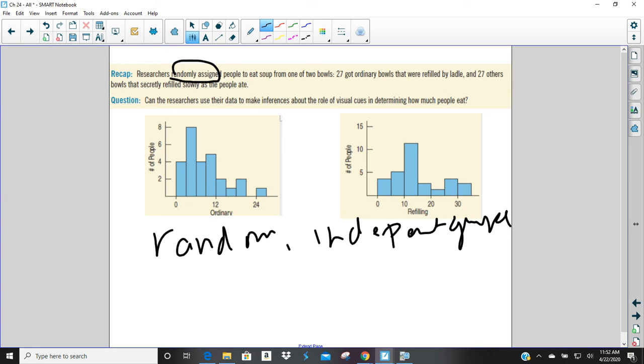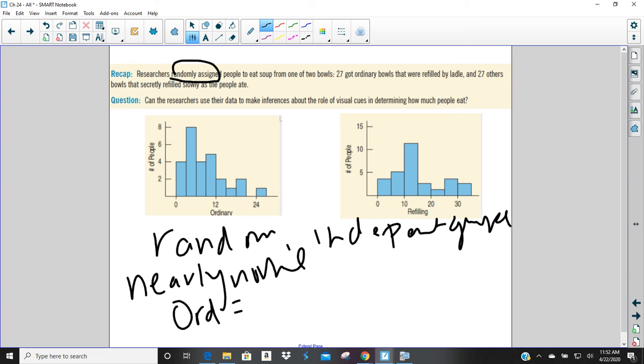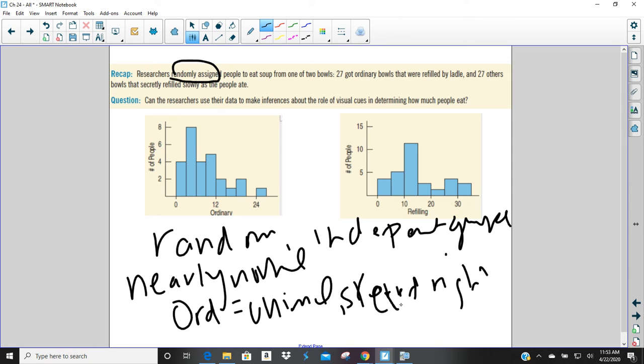So let's talk about the nearly normal condition. Is it nearly normal? So the ordinary bowl, we have, it's unimodal. And it is skewed slightly. Skewed right. It's not skewed right. Okay.